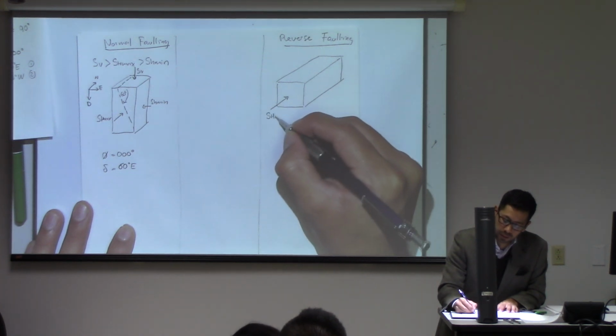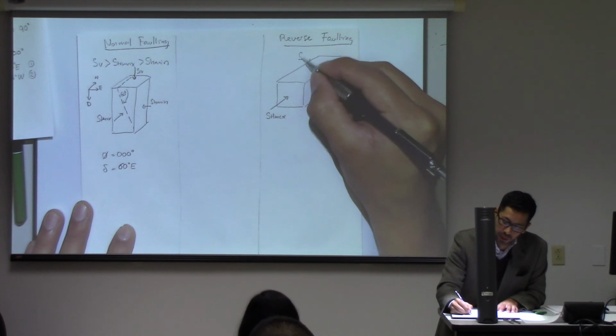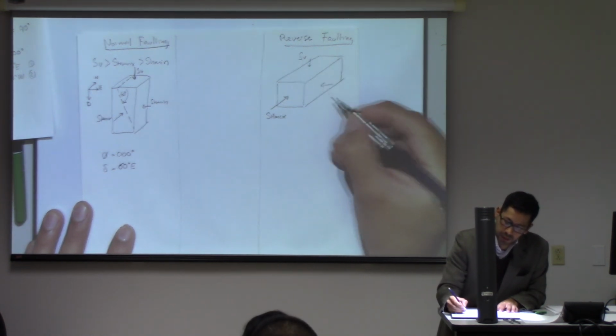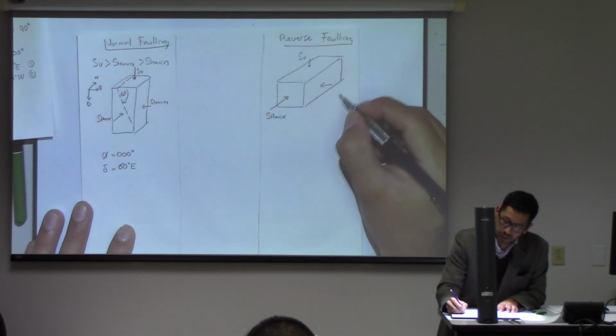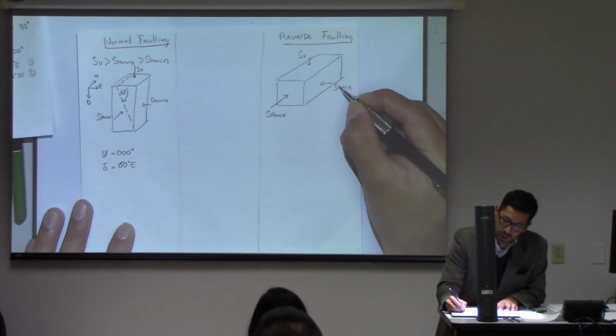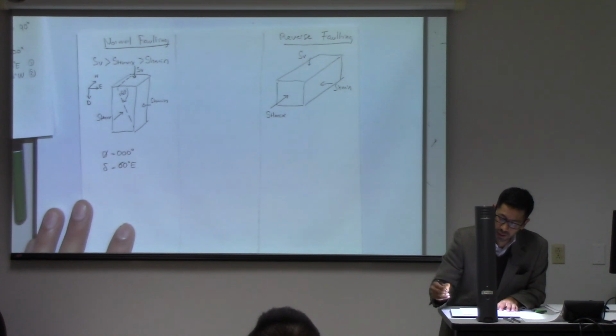SH max, that one. Minimum principal stress is going to be now SV, and intermediate stress is going to be SH min. So look, this is SH min, but it is the intermediate stress, right?